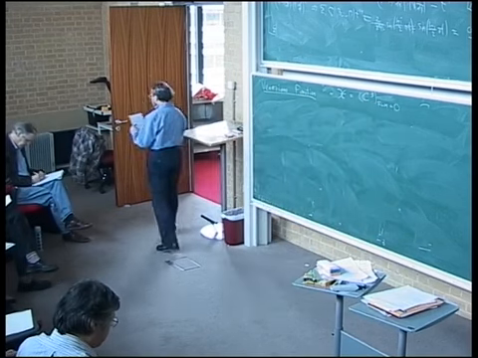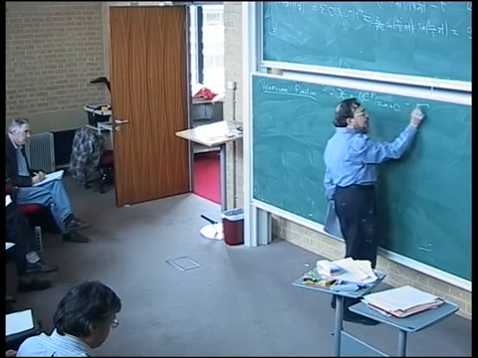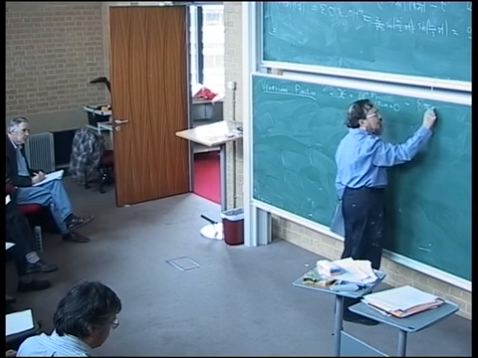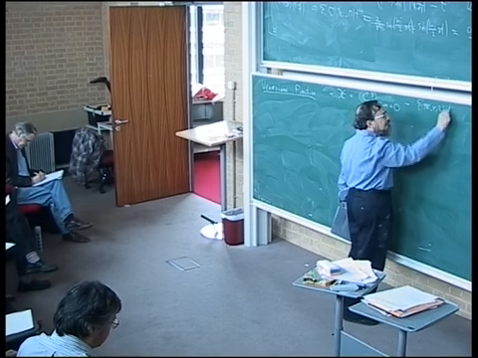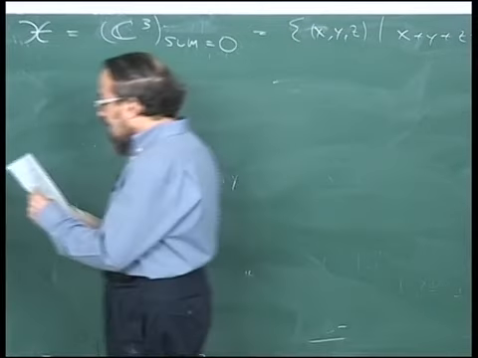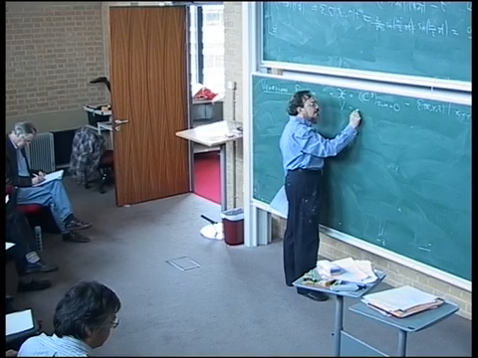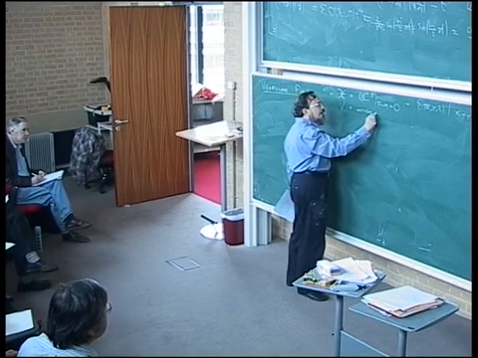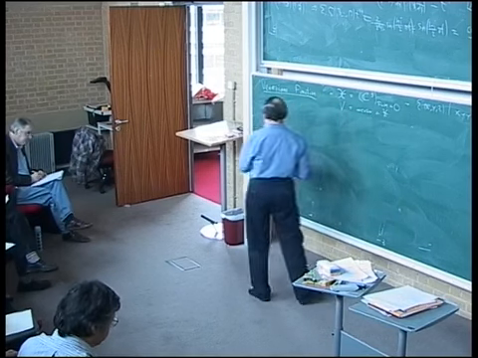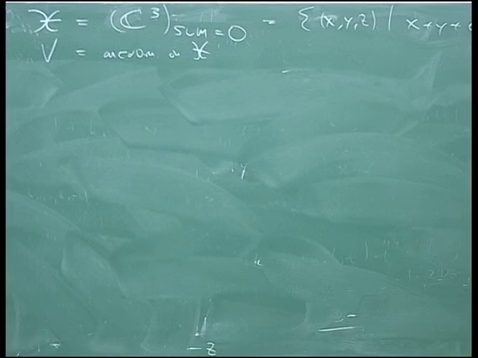So it's just isomorphic to C^2, but I'll call the variables x, y, and z. And now I'm going to define V to be a meromorphic function on X.